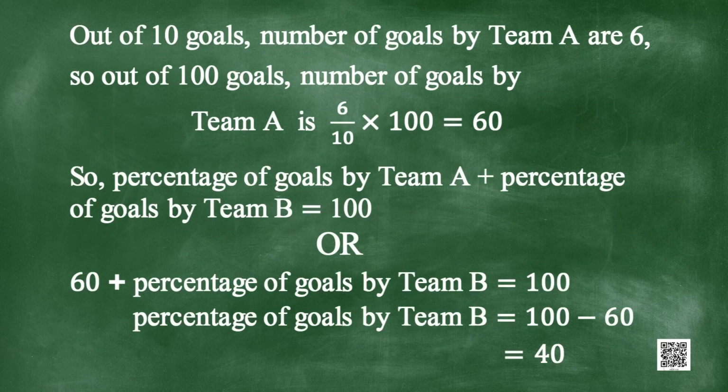So the percentage of goals by team A plus the percentage of goals by team B is equal to 100. We have found that the percentage of goals by team A is 60, plus the percentage of goals by team B is equal to 100. So therefore, the percentage of goals by team B is equal to 100 minus 60, which is equal to 40.